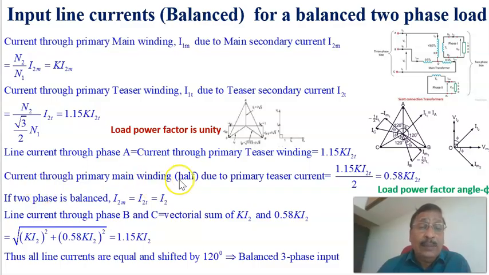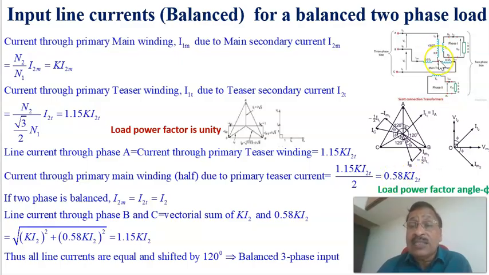The current through the primary winding of the main transformer gets half of the teaser current due to the division. Half of the teaser current is 1.15 times K into I2M divided by 2, which is equal to 0.58 K times I2.